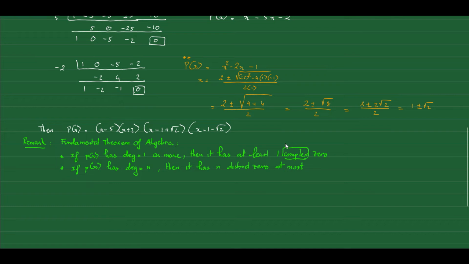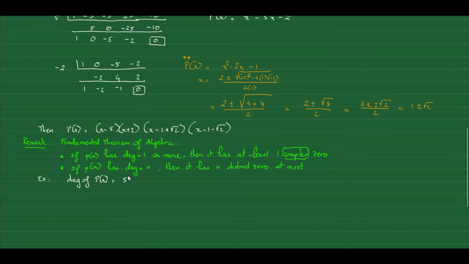And when it has any degree, it has at most that many distinct zeros. For example, what if the degree of the polynomial p of x is 5?